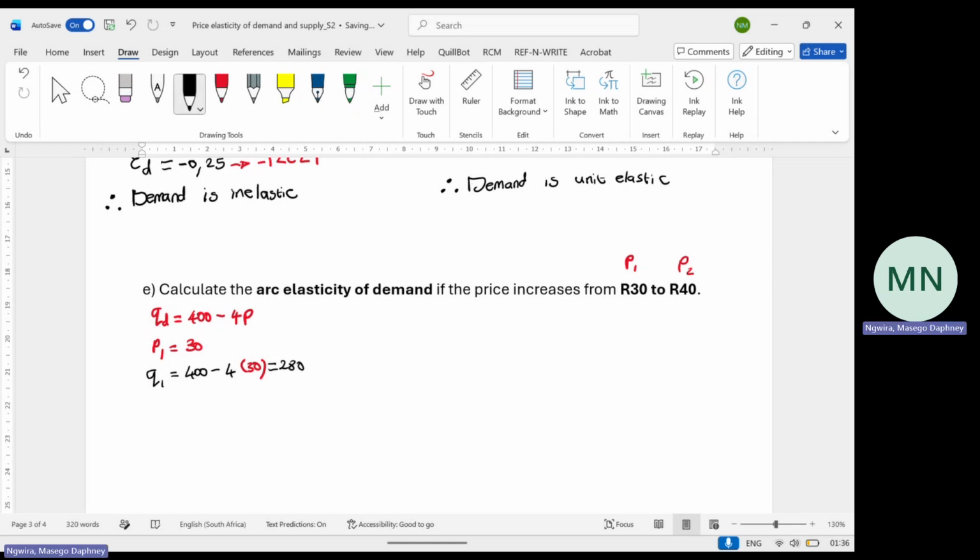And for 40 rand, so if my price is 40 rand, this is P2. Price 2 is 40 rand. Then the quantity for price 2 is going to be 400 minus 4 times 40.